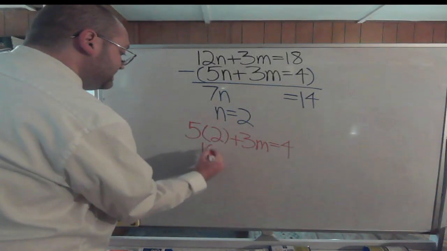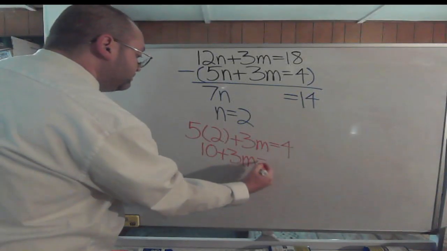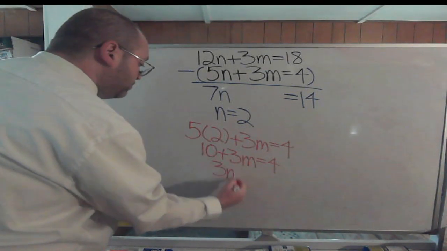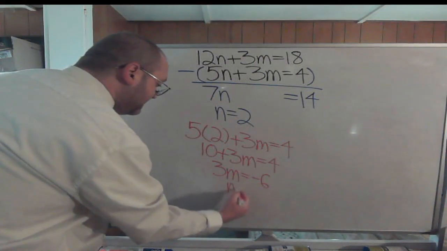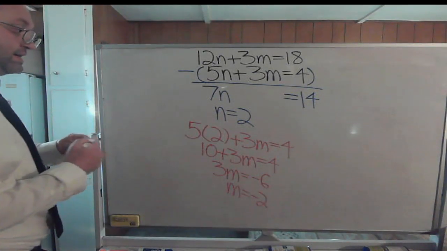So you would get 10 plus 3m equals 4, which means 3m would equal negative 6, which means m would equal negative 2. So the m coordinate is negative 2.